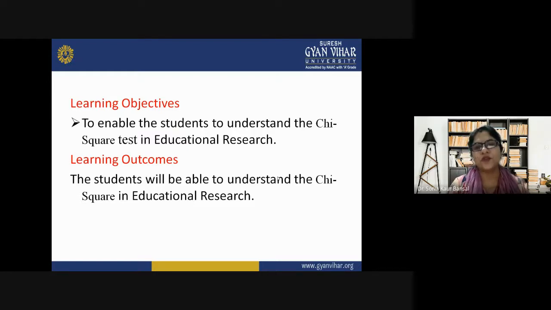I hope you will listen very carefully and then apply the chi-square test in your research process. So let's start: what the chi-square test is, how it is administered, what its limitations are, and how important it is in a research process.